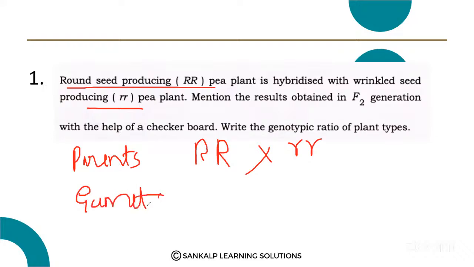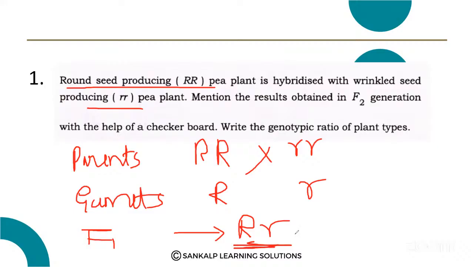Gametes produced are capital R and small r. So F1 generation plants are capital R, small r. All are round seed plants.